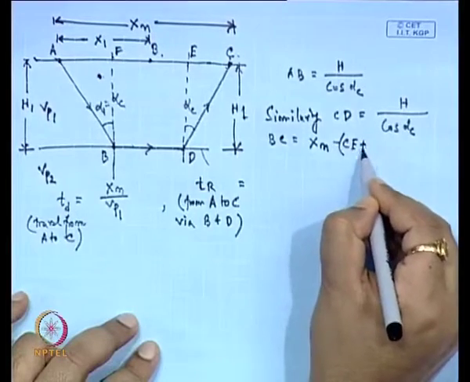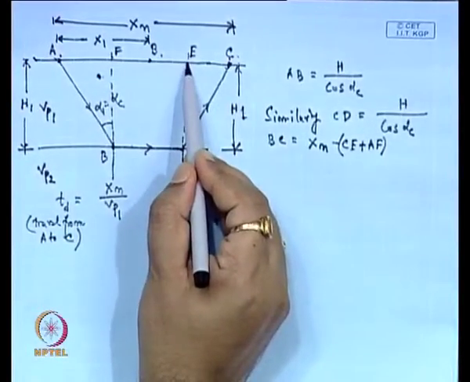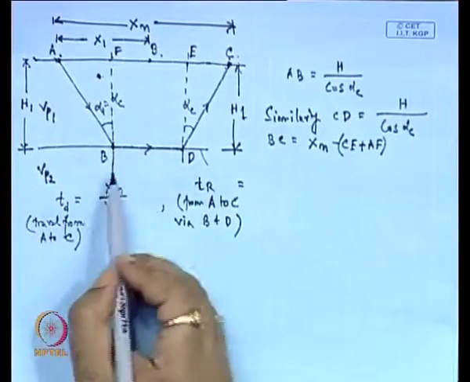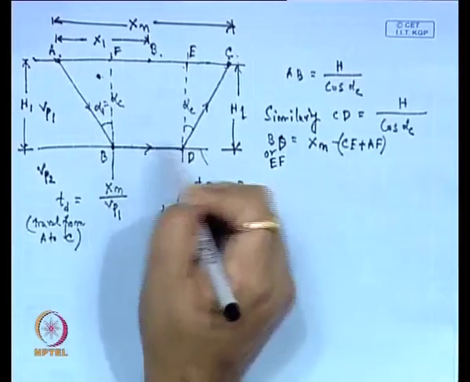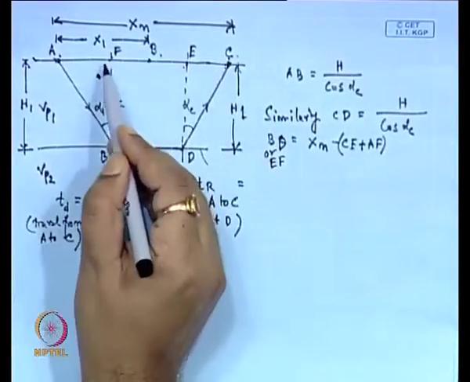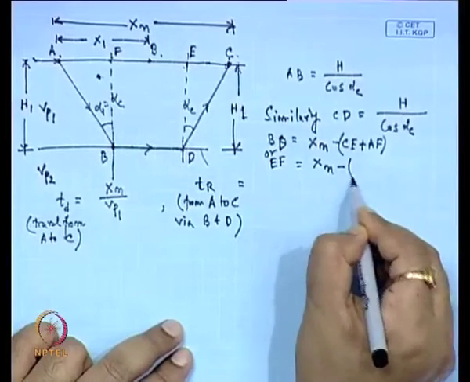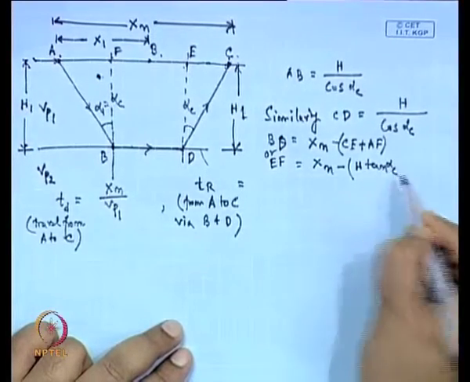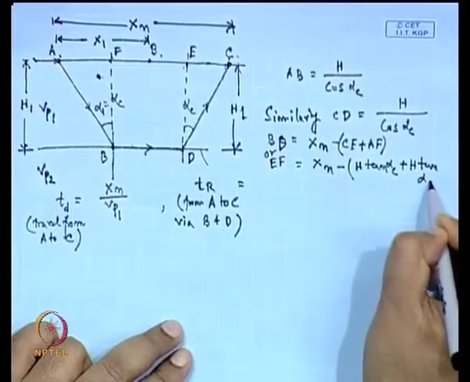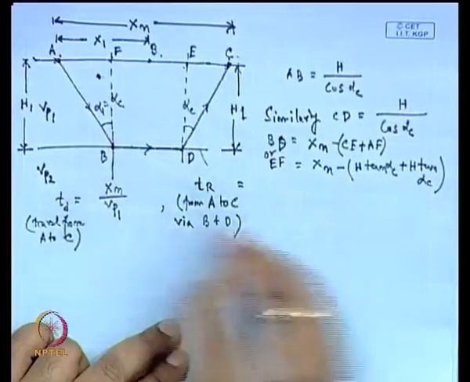C E plus A F. So, x n is the total distance minus C E minus A F, and that will be equal to B D or E F. So, we can write that this will be x n minus E F, and A F is h tan alpha C, plus h tan alpha C, because this C E will be equal to h or h 1.